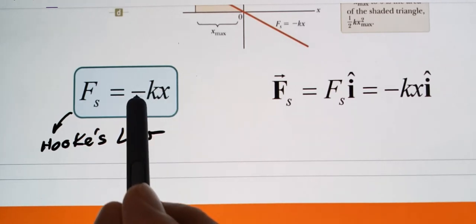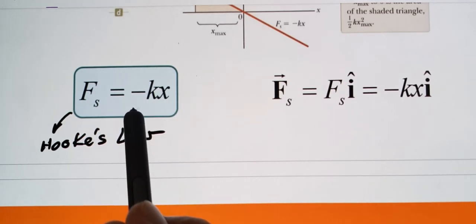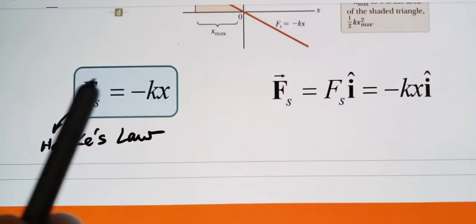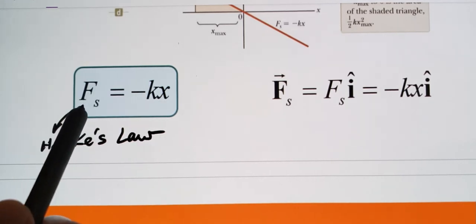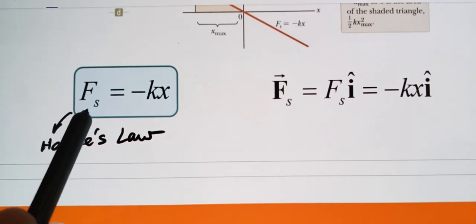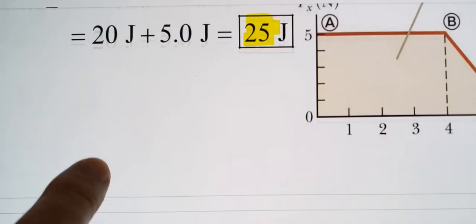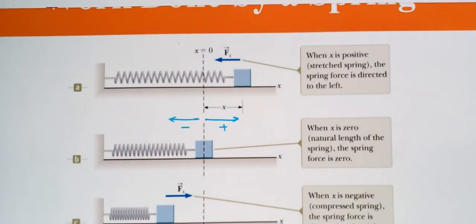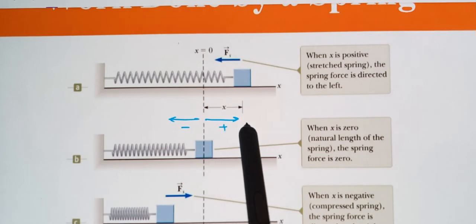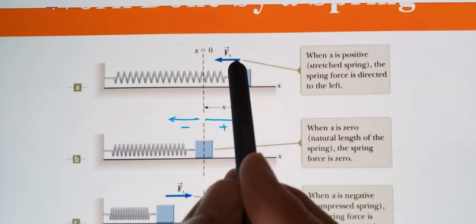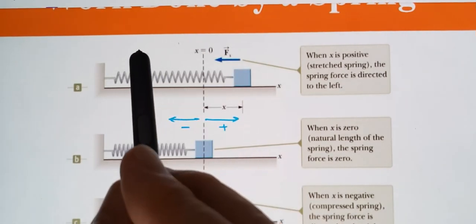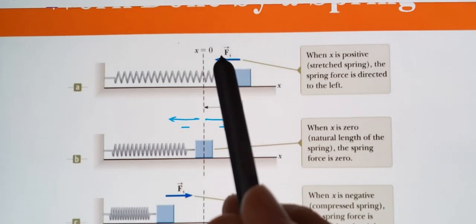But some students are confused: is it minus kx or plus kx? If you are talking about the restoring force of the spring, you put a minus sign. Why? Displacement is positive, and the force of the spring is opposing.